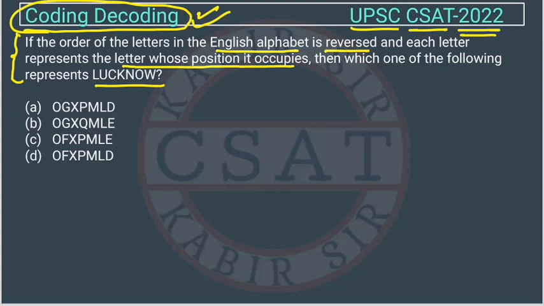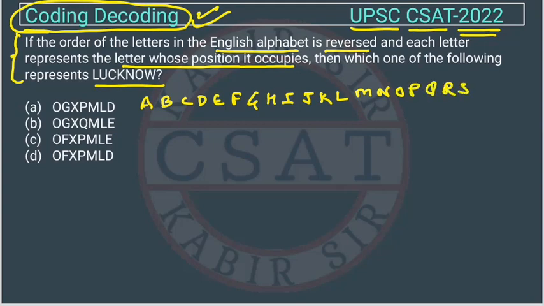Whenever you get a question from coding decoding, you should always write the ABCD. A B C D E F G H I J K L M N O P Q R S T U V W X Y Z, right?